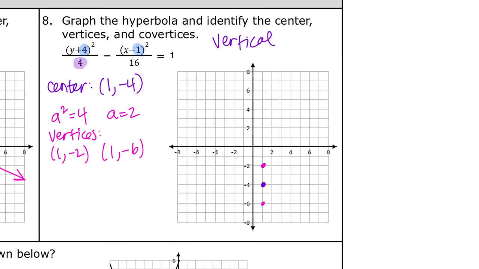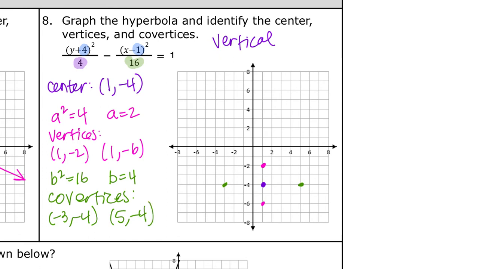Then b is going to be the second denominator. b squared is 16, so b must be 4. So this time we're going to go left and right. So the co-vertices are at -3, -4, and 5, -4.